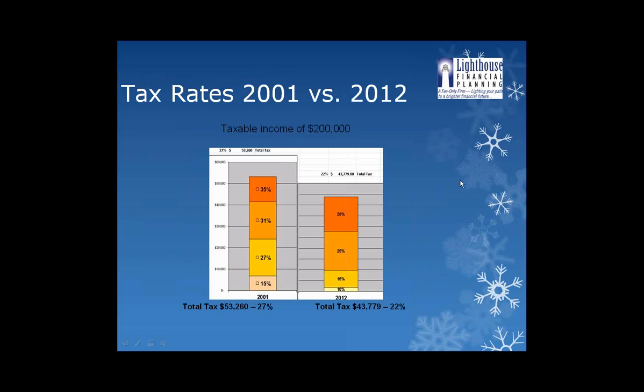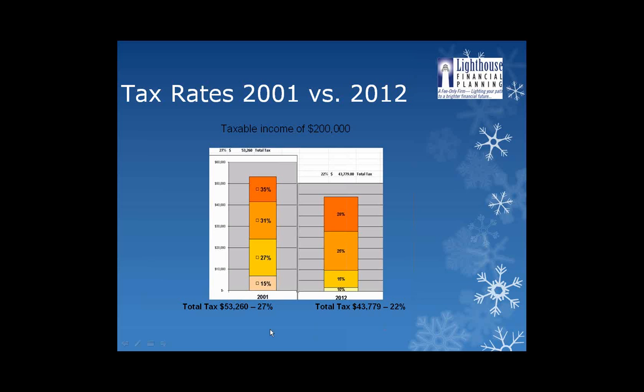One thing I wanted to do is take a moment and do a comparison of the tax rates. If we go over the fiscal cliff and tax rates revert to the 2001 level, compared with where they are now, what we're looking at on the right-hand side here is somebody who has taxable income of $200,000.